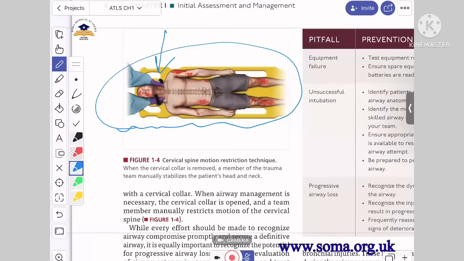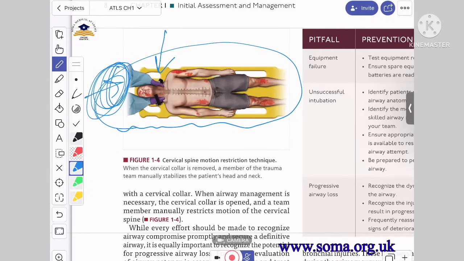Cervical spine motion restriction. Once you, as a doctor, transfer a traumatized patient from bed to bed, please be the one who is here. You have to maintain the cervical spine motion.